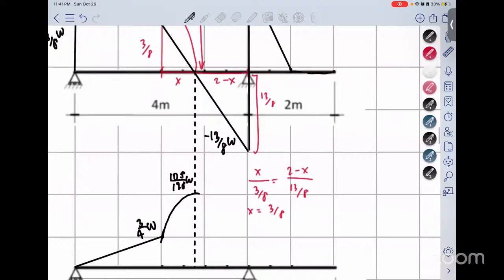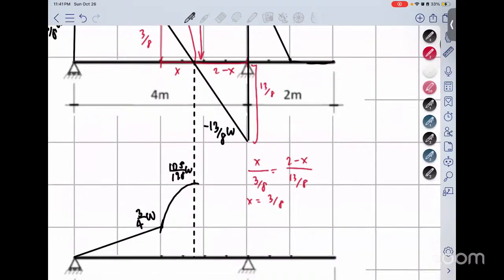Next is the downward part. We know that the length is 2 minus 3/8, so that's 13/8. 13/8 times 13/8 over 2 gives us negative 169 over 128.